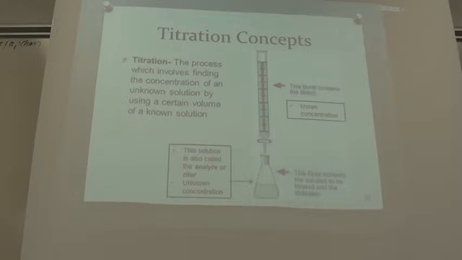And for these titration concepts, we always take a base and an acid, and they form a salt plus water. So in tomorrow's lab, you are going to be taking a base of known concentration, and when we talk about concentration, what unit do we usually use?